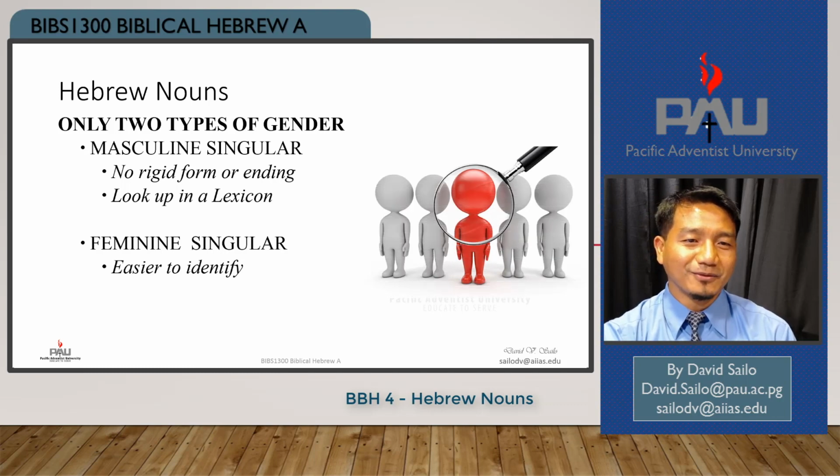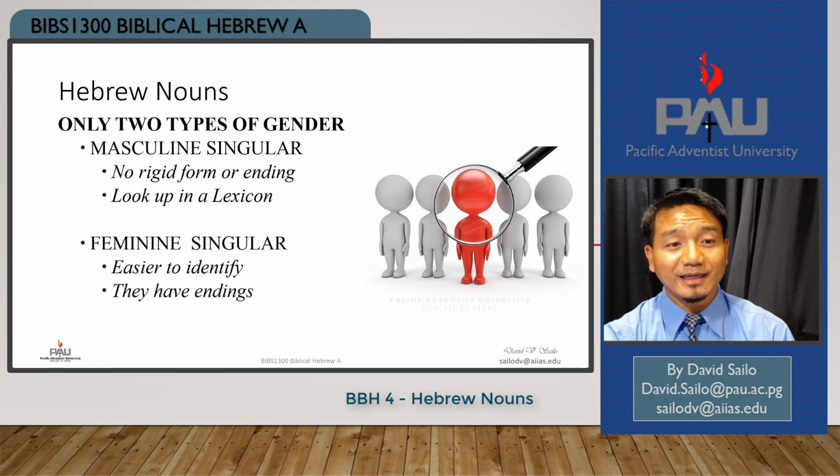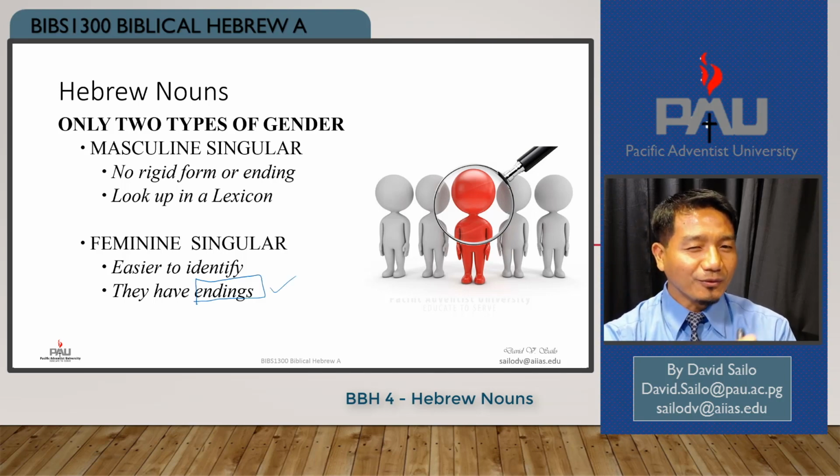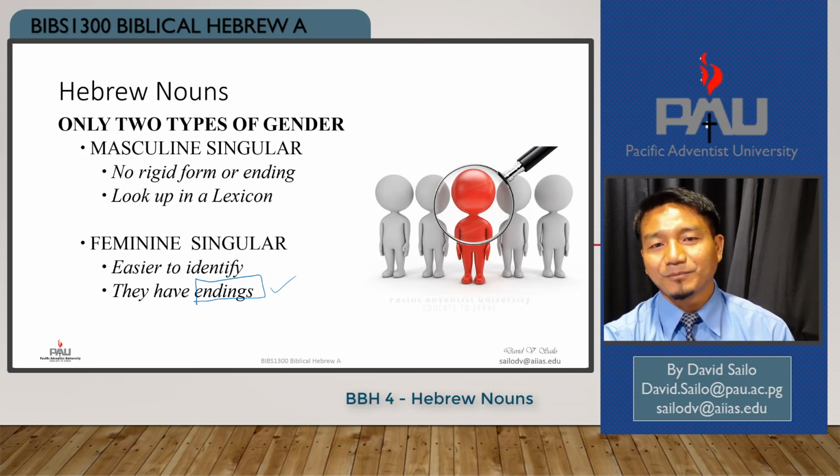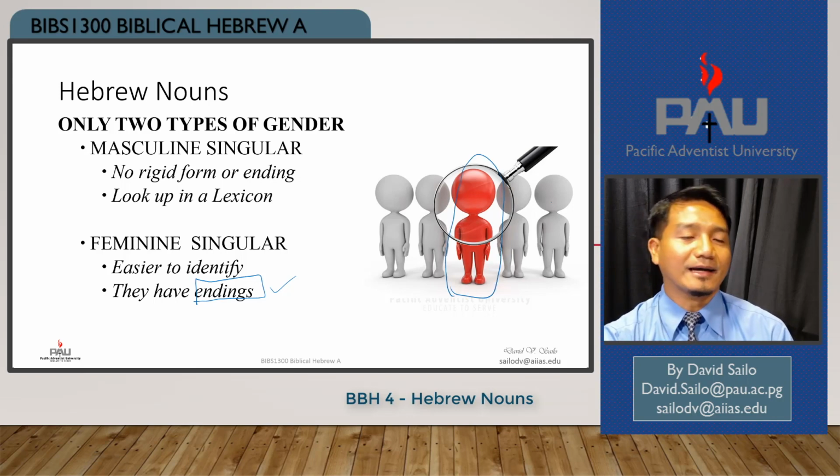Now let's look at the feminine. Well, good for you. It is easier to identify feminine singular nouns. Why? Because they have endings. There is a pattern of endings that will tell you that this is feminine. So if you know these endings, then you can easily identify the feminine noun.